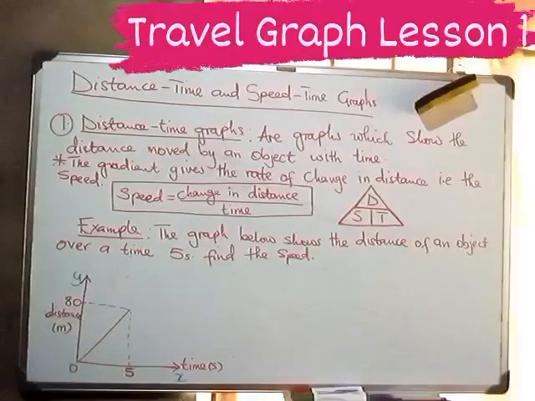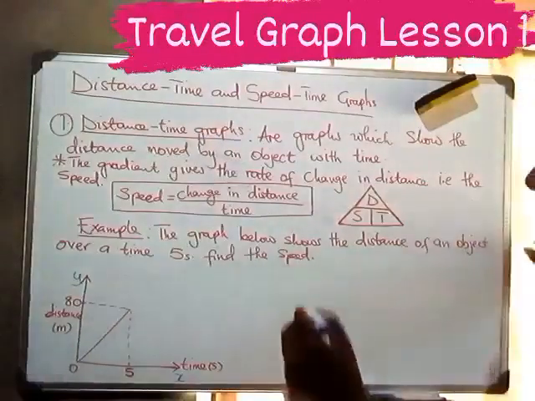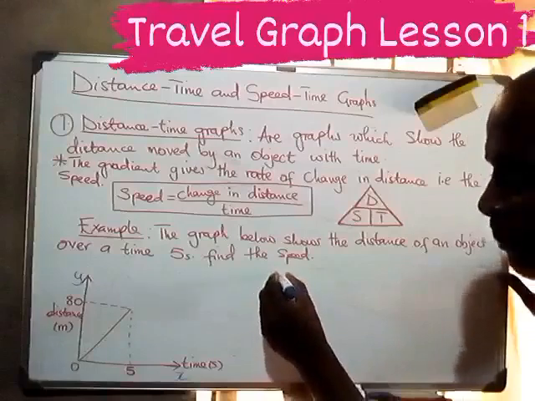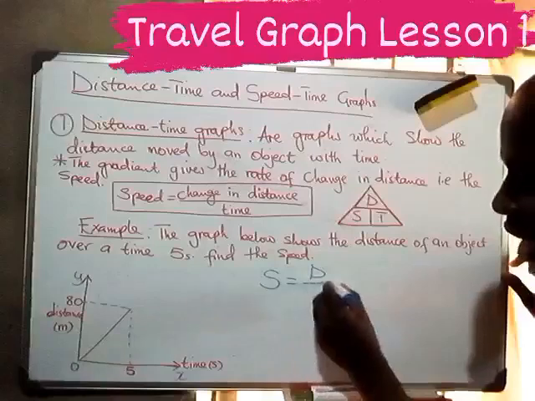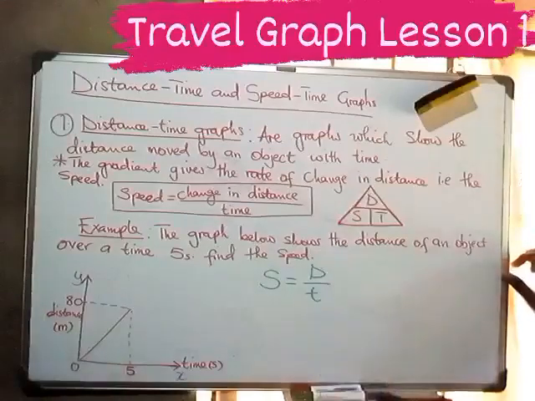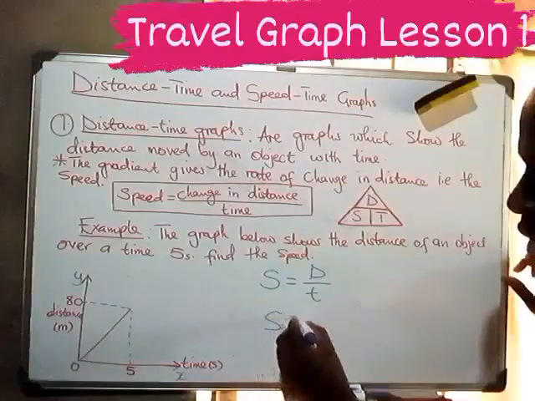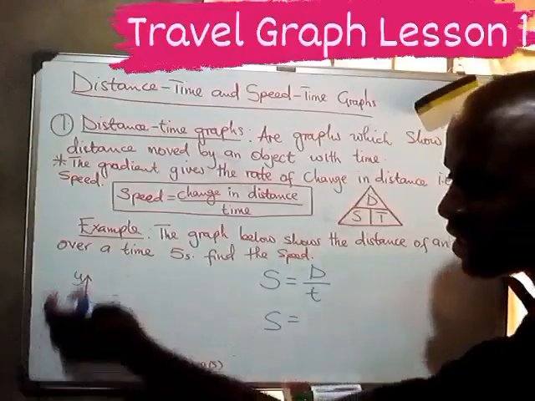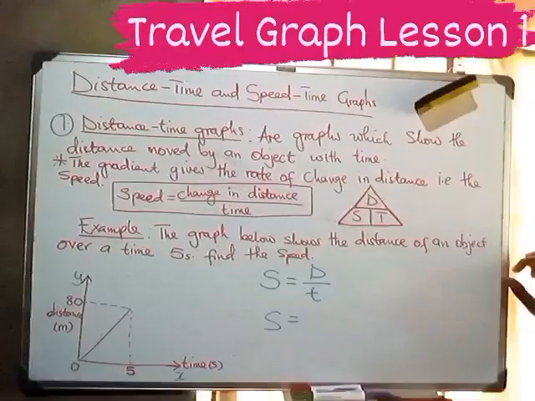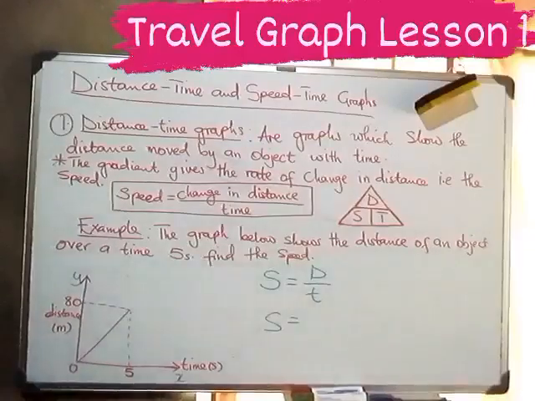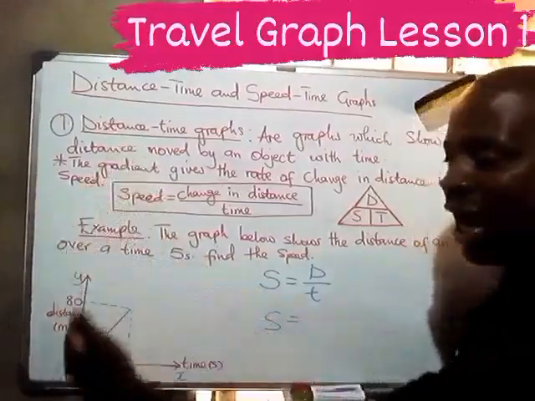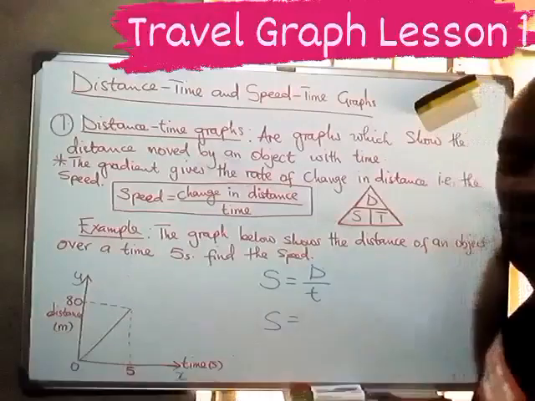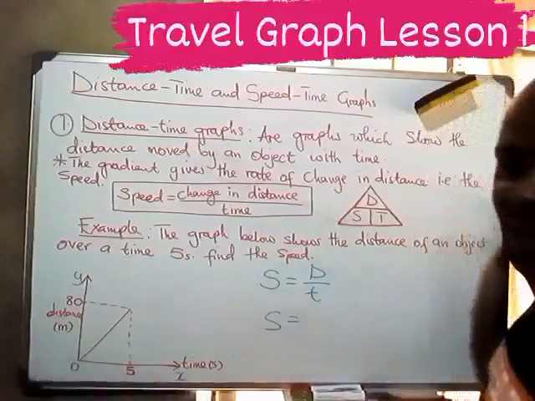The formula which is supposed to be used is speed is equal to distance over time taken. Distance is always represented by the y-axis, and the time is always represented by the x-axis.